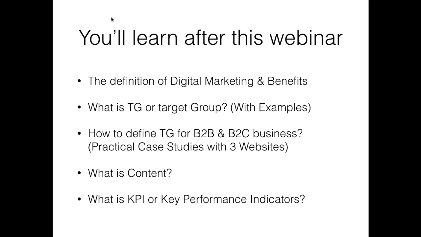So that means I'm again wrapping up the definition of digital marketing. That means you have to create awareness through content, right? To your potential customers. That is called the target group, right?